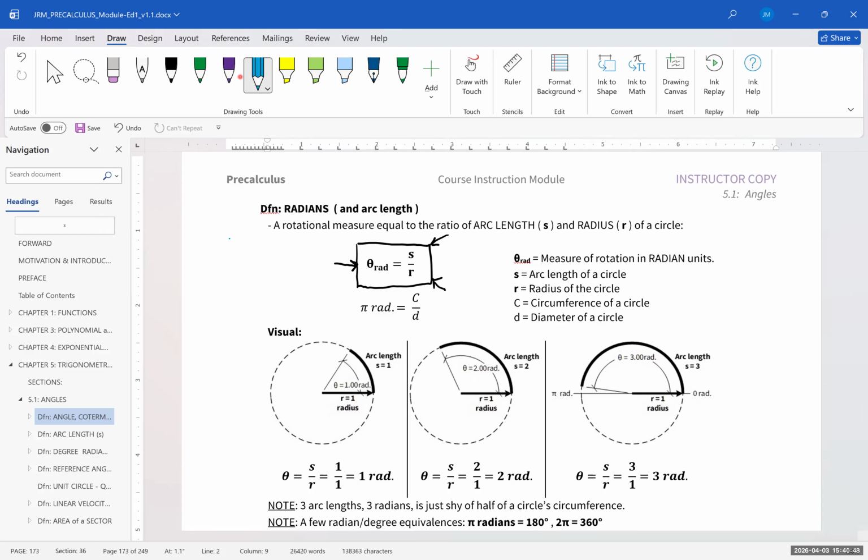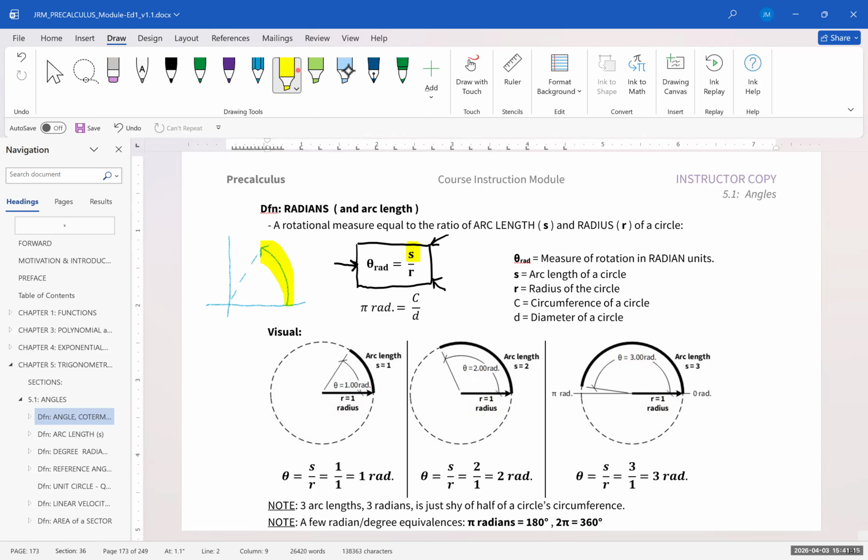Let me draw a quick little arc here. Okay. So the arc length, which is represented by the letter S, is this piece of the circle, but it's only a piece of it.